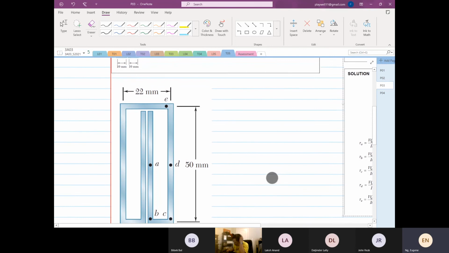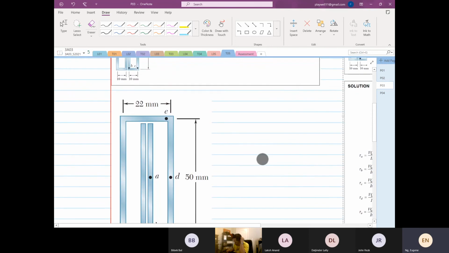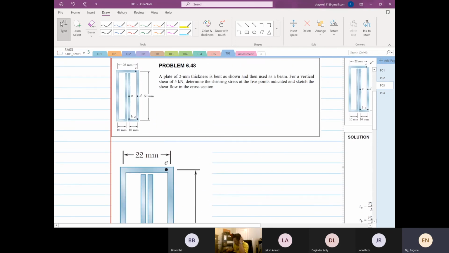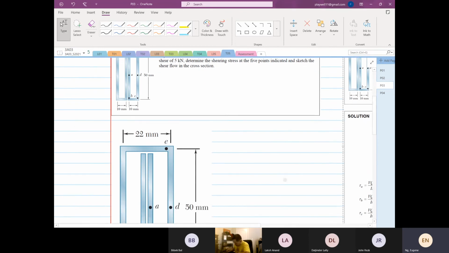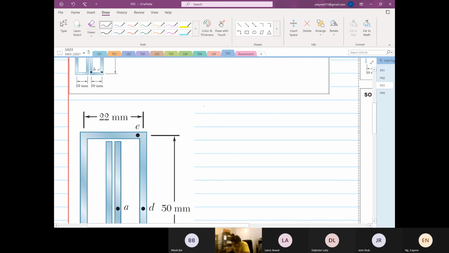So we are going to make the assumption, again, to determine the shear stresses at the 5 points. We're going to assume the centroid to be at the center.